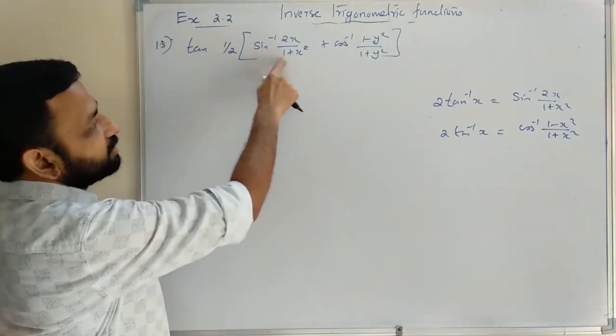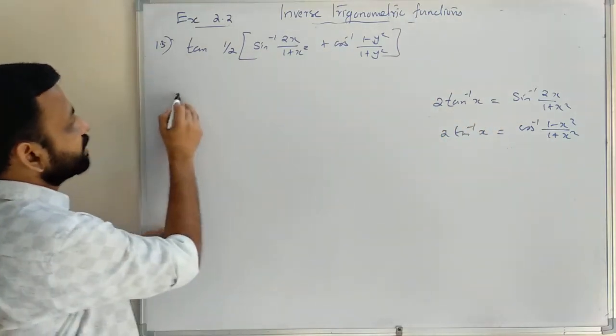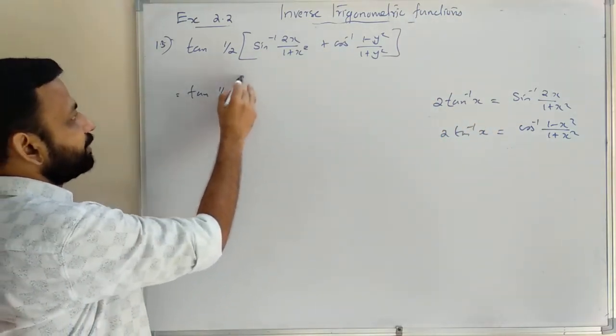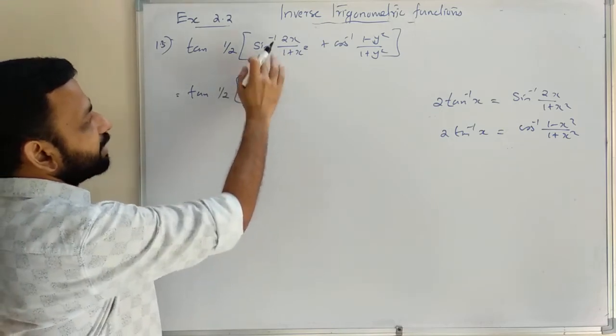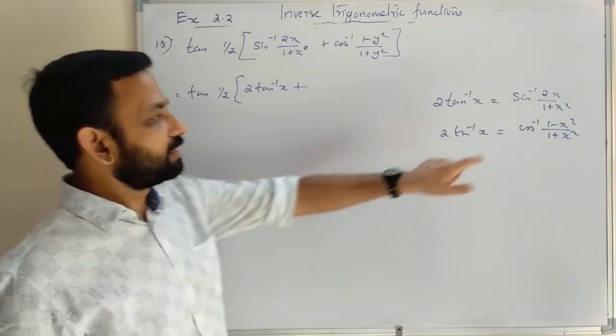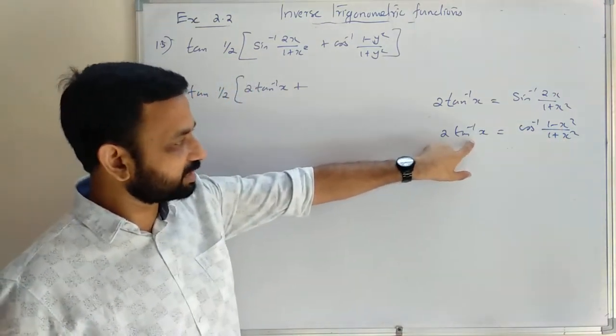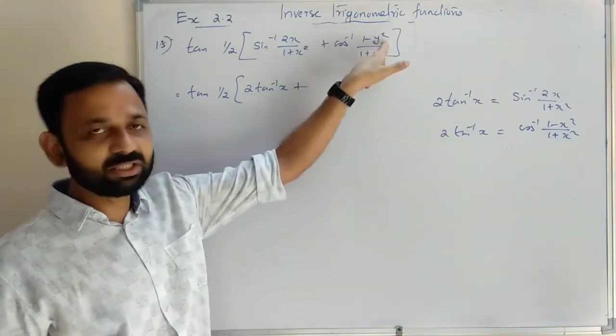So sin inverse 2x upon 1 plus x square can be replaced by 2 tan inverse x. That is tan 1 by 2. Then cos inverse 1 minus y square upon 1 plus y square can be replaced by 2 tan inverse y, since here the variable is y.